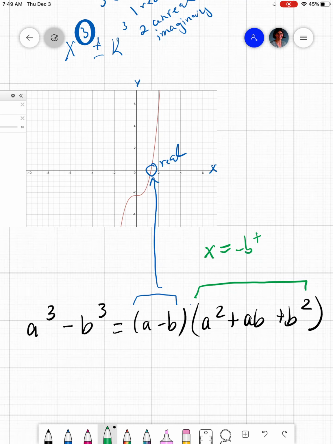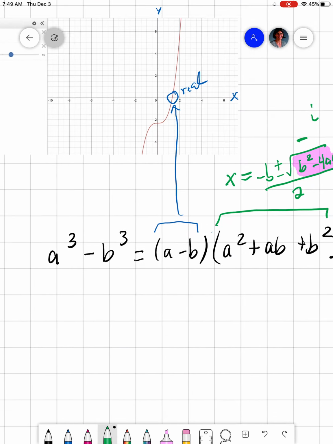So x equals negative b plus or minus the square root of b squared minus 4ac, all divided by 2a. What's inside the square root is always going to be a negative value, which means I'm going to have the imaginary number. That's why I don't see the real zero.